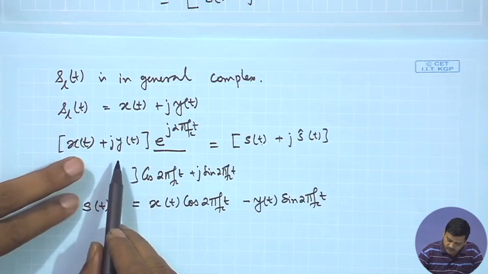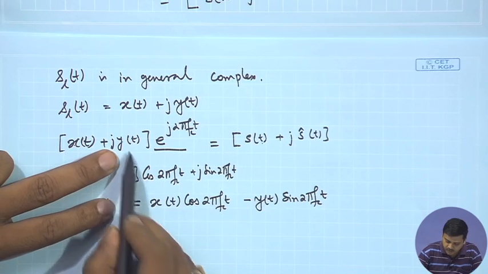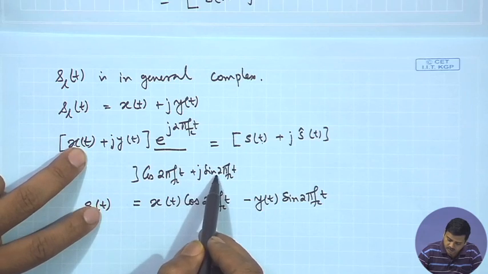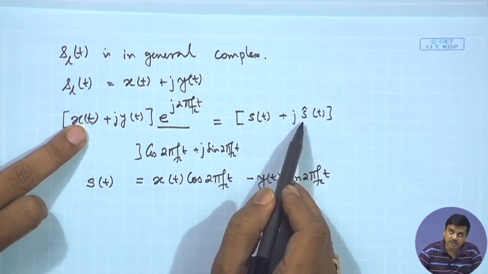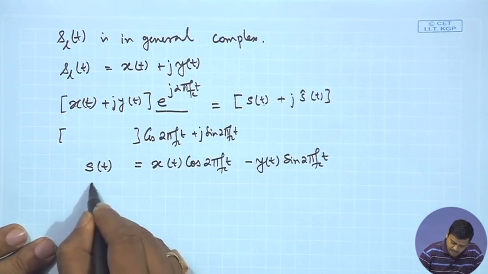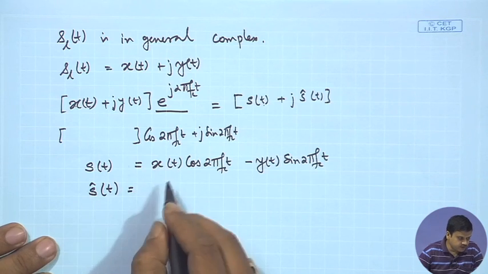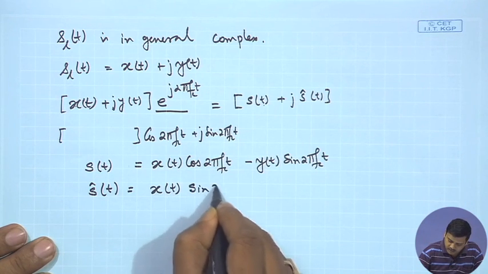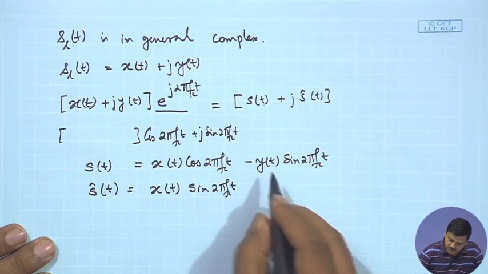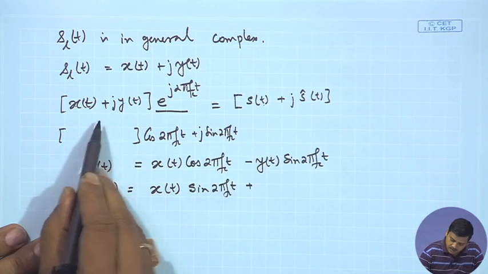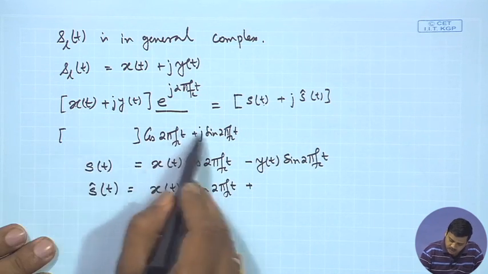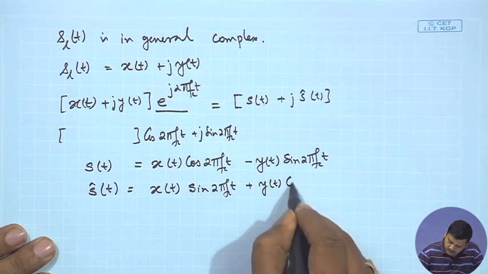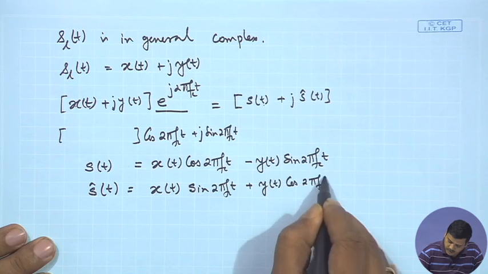And if we look at the imaginary term, y cos 2 pi f_c t with a j and x sin 2 pi f_c t with a j, we can equate with this term. So, we are going to get S cap of t is equal to x of t sin 2 pi f_c t plus y of t cos 2 pi f_c t.